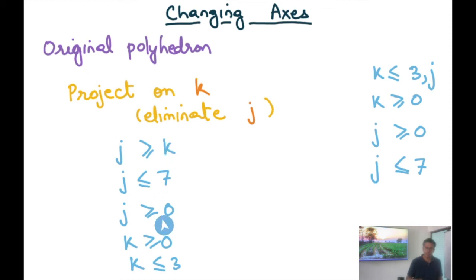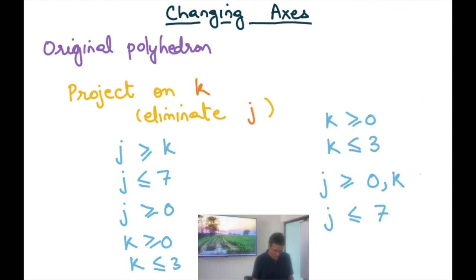These are my equations in the form of L and U: something into k is greater than or equal to L, something into k is less than or equal to U. Here j is less than or equal to 7 does not even involve k, and so on. So these are my inequations. I project on k by eliminating j, and so I get k is greater than or equal to 0 and k is less than or equal to 3. I get this from my Fourier-Motzkin method.